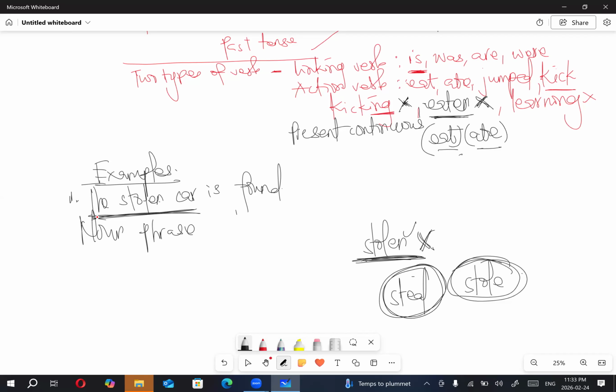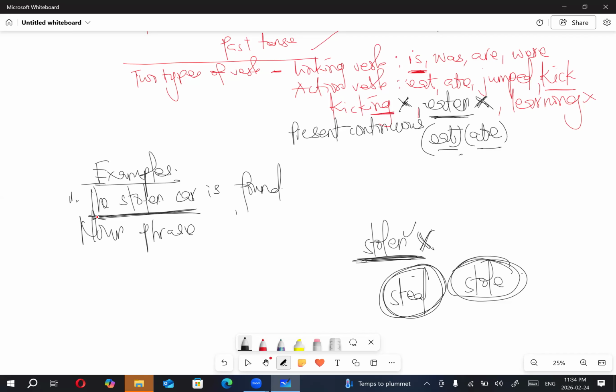Now, to choose one, I have to check the underlying words to see if there is a finite verb. Of course, you need to look for a verb before you can even talk about finite verbs. So in the underlying words, we saw stolen, which is a verb. Stolen is not a finite verb. To be a finite verb, you should be either present or past.